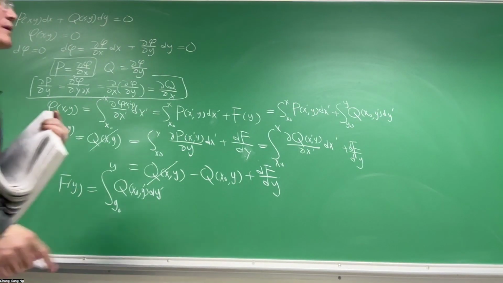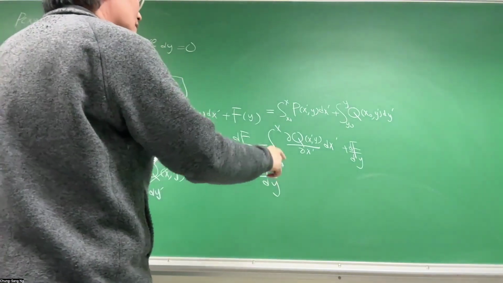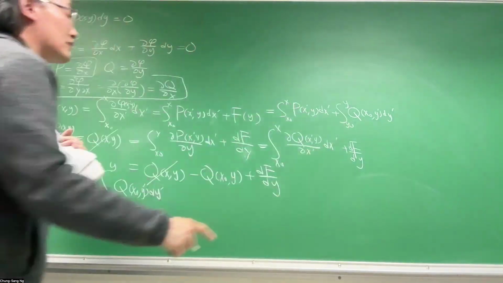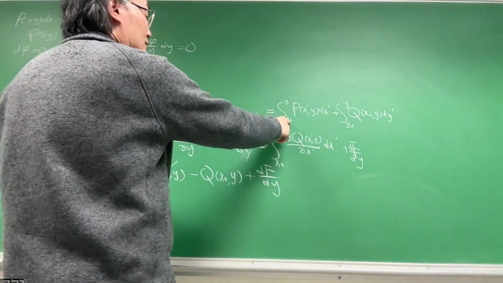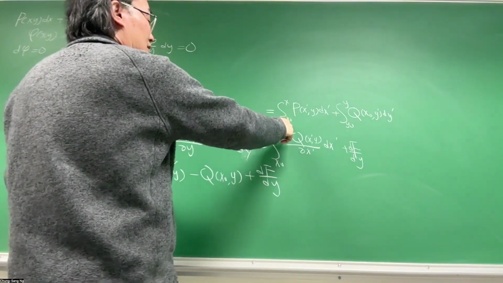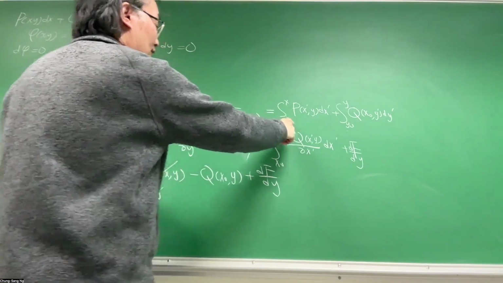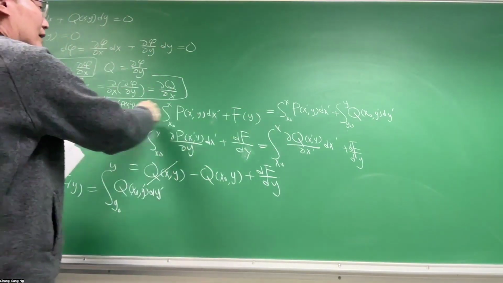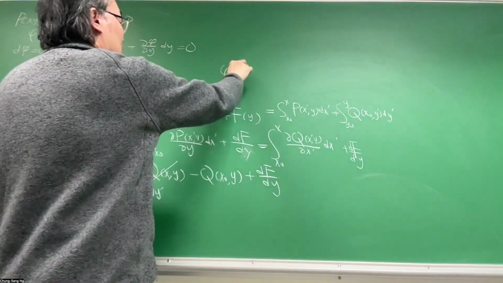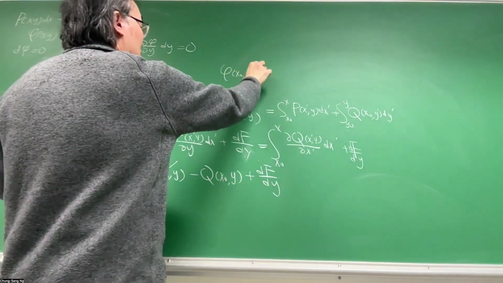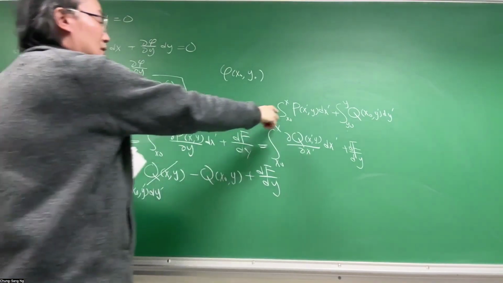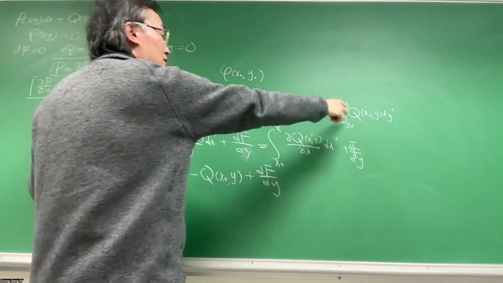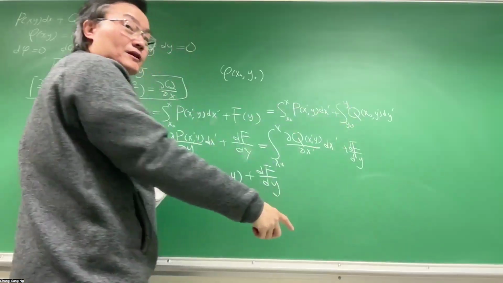And now the idea is this: x sub 0 and y sub 0 are chosen so that if you evaluate phi at x equals x sub 0 and y equals y sub 0, both integrals will be 0.